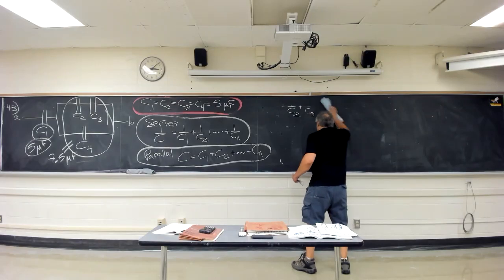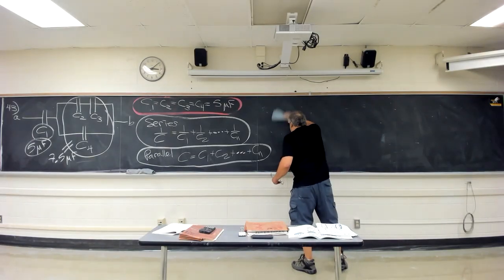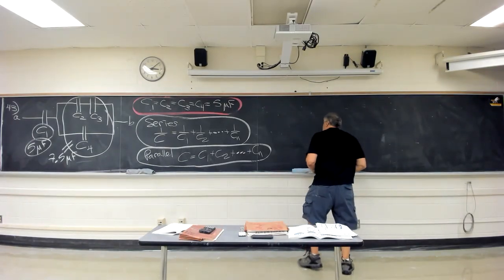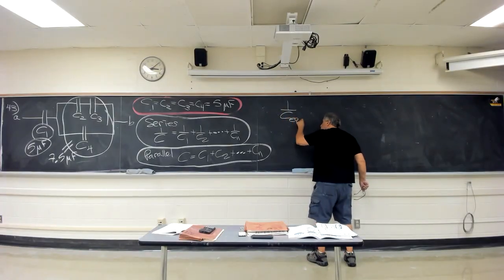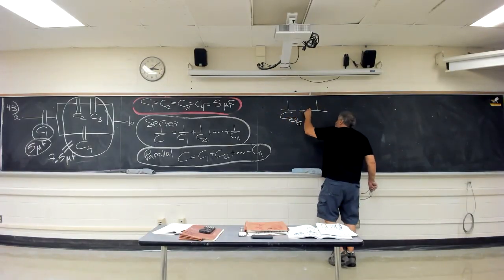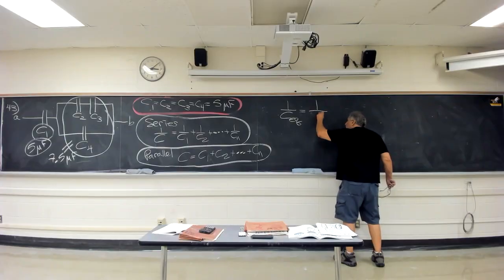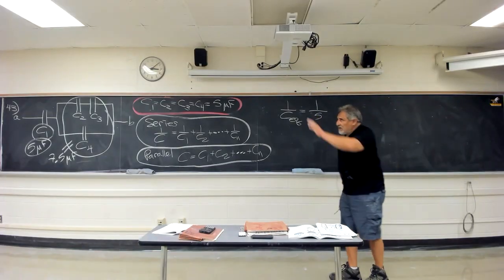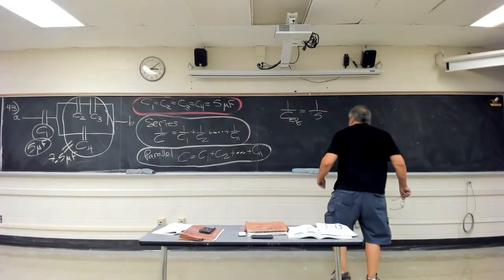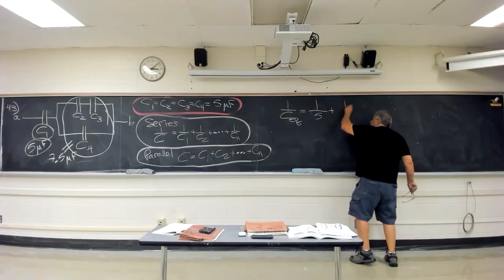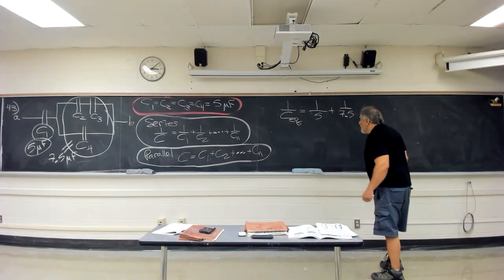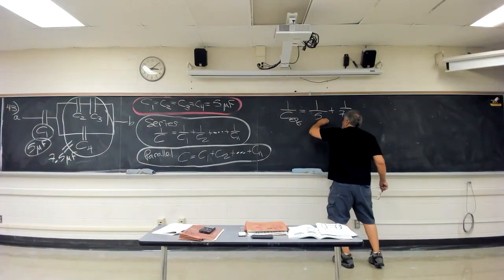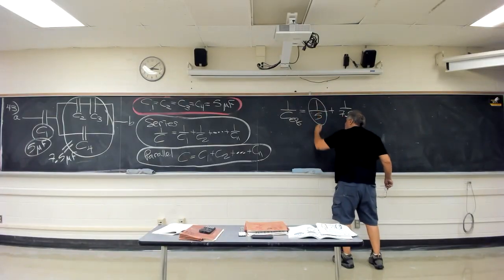So at that point, let's try this again. 1 over the 5 starts on the far left over there, plus 1 over 7.5. Okay, that should work. If you multiply this one by a special one called 3 over 3, you get 3/15.